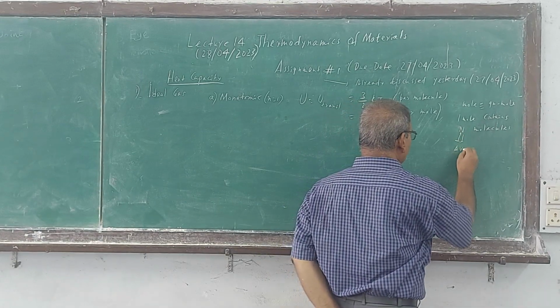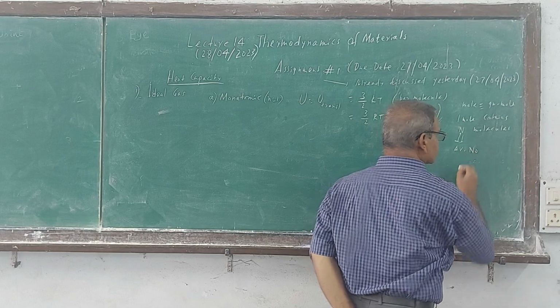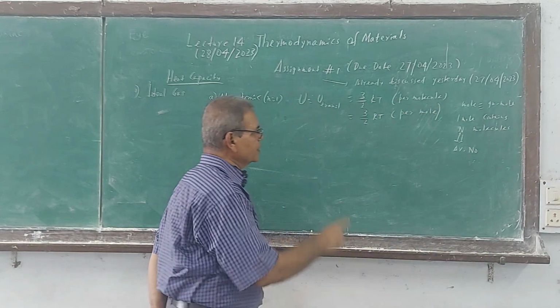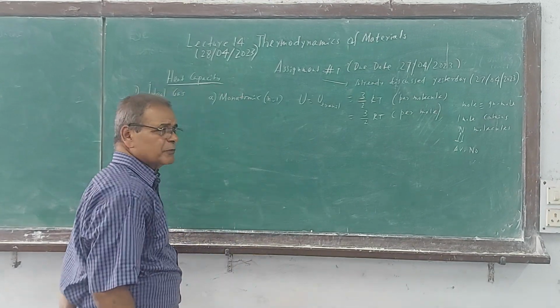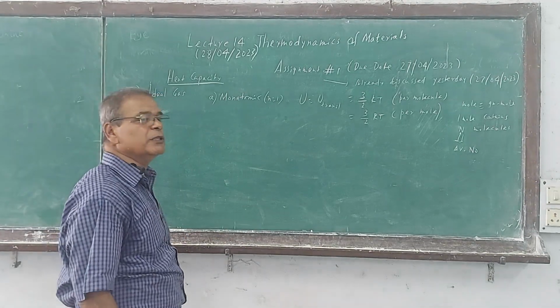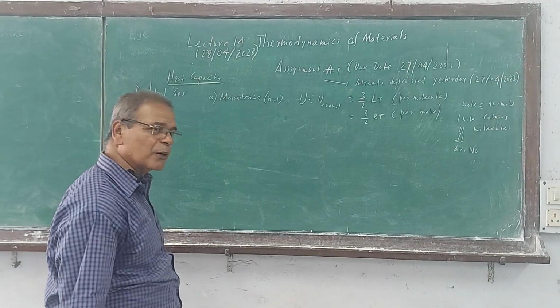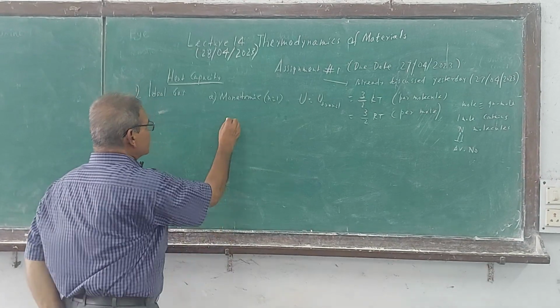I already gave you Avogadro's number. So remember this sometimes: 1 gram mole, 1 gram atom. For gram atom, we use gram atom. For gram mole, we might use 1 mole, or 1 gram mole. So per mole.